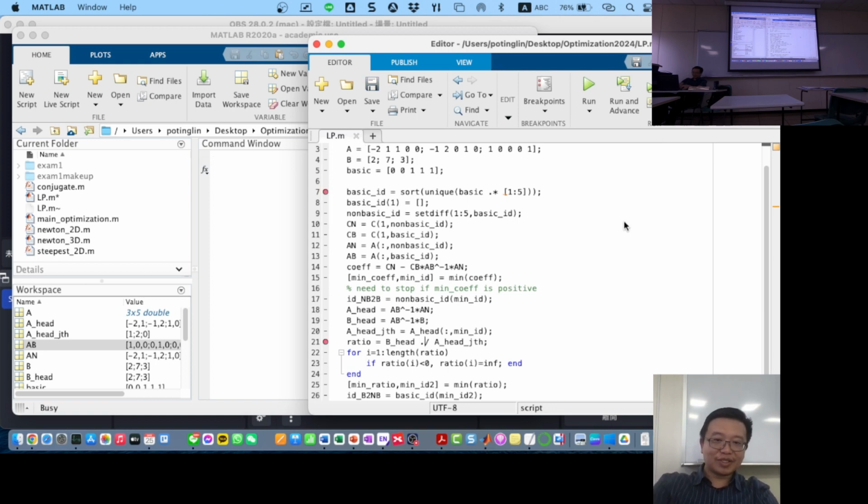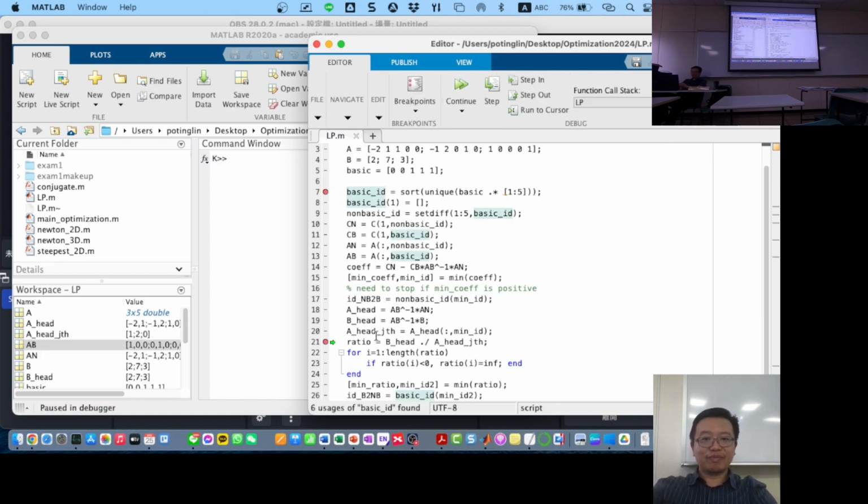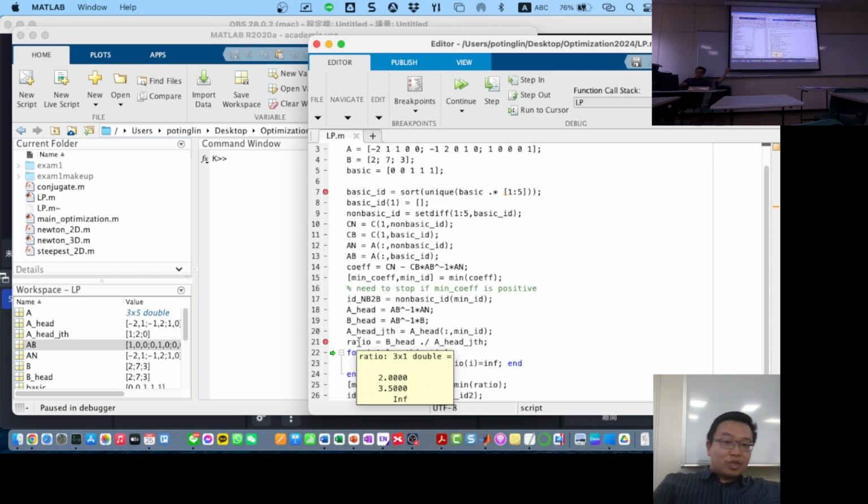B hat a vector, A hat J a vector, vector divided by a vector, you need to use point operation. So the ratio test gives me 2, 3.5, and infinity, just like what we did in the note. And then there's no negative values, so we don't see this.